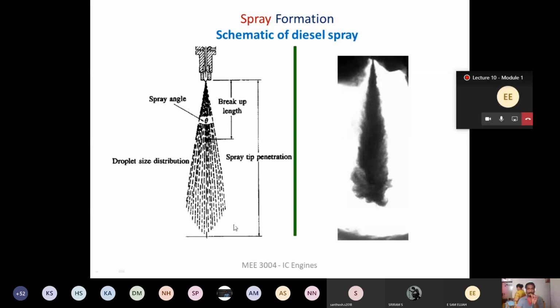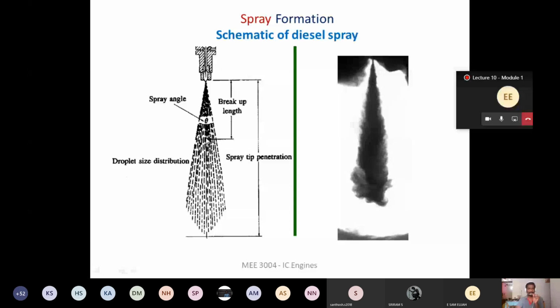Some of the terminologies related to the diesel spray, or the fuel spray, are given here. As the injection is happening through the orifice of the fuel nozzle, at the center will be the fuel in liquid state. A stream of fuel in liquid state is going to be there at the center.